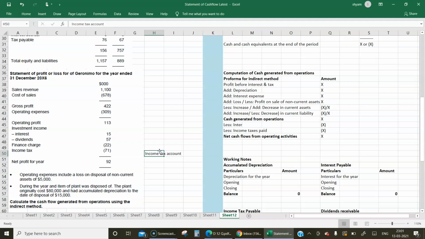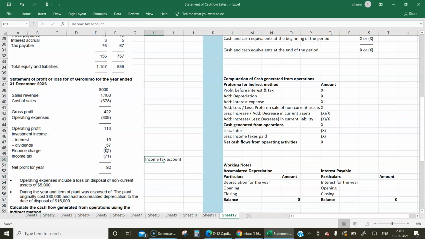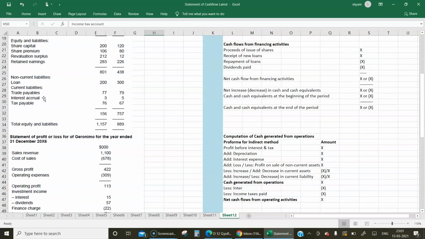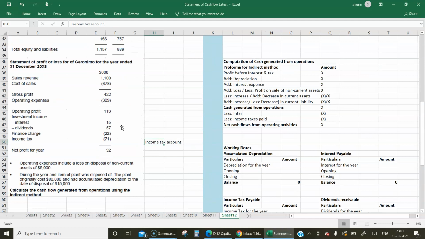Also there are several numbers here. If there's any payable, interest accrual is there, so we should also open an interest paid account. That also we have to work out.